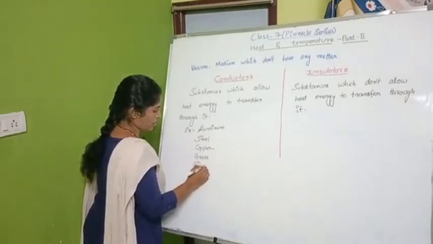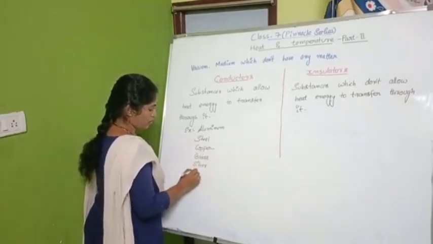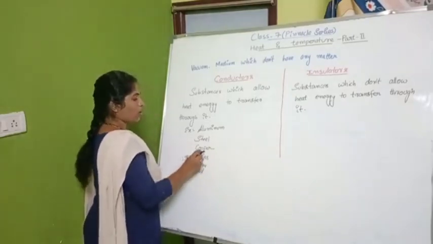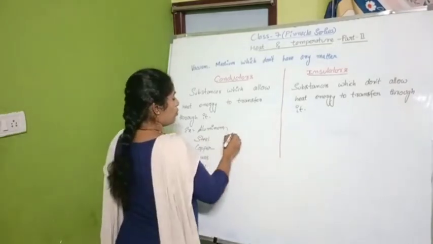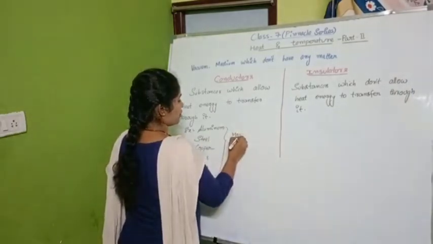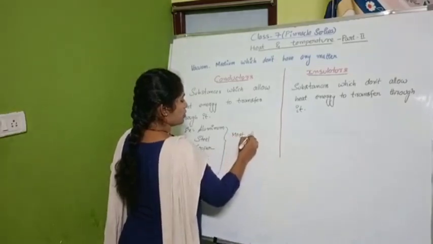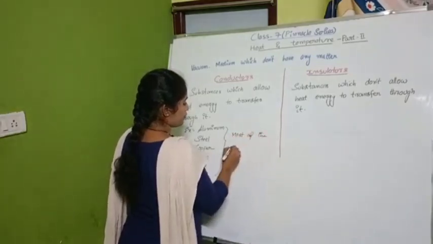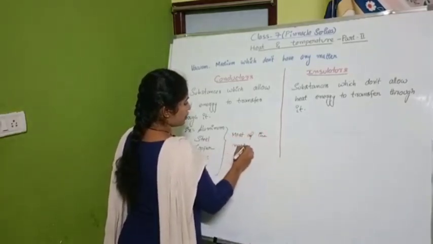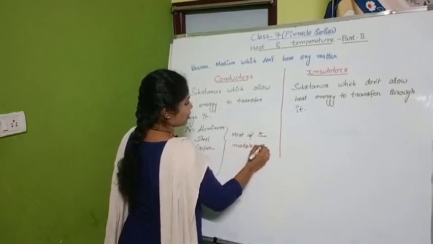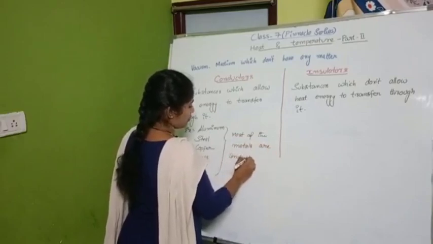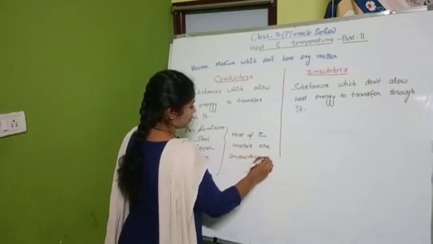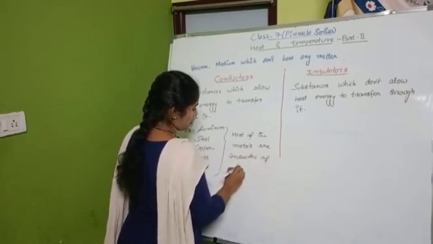To reduce the heat. Gold. Okay. So most, I am not saying all metals, most of the metals are conductors of heat. Conductors of heat energy.